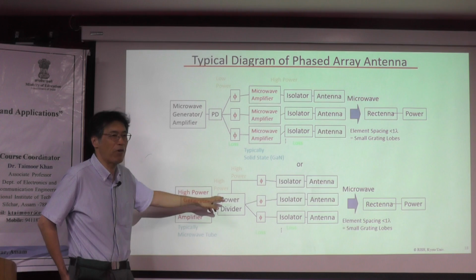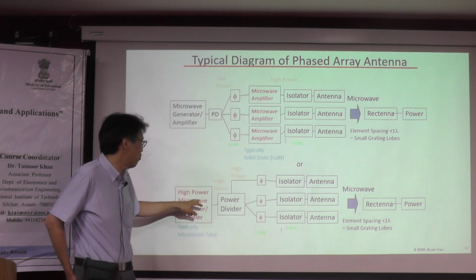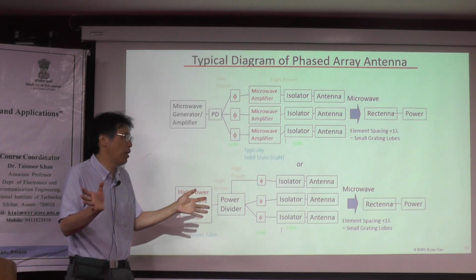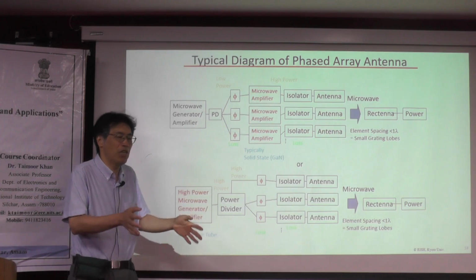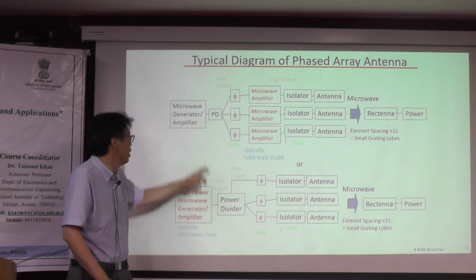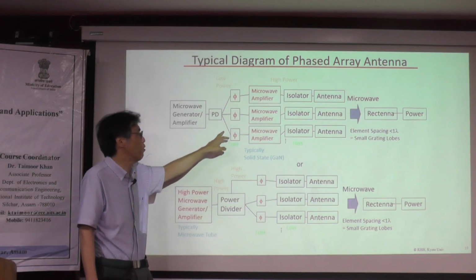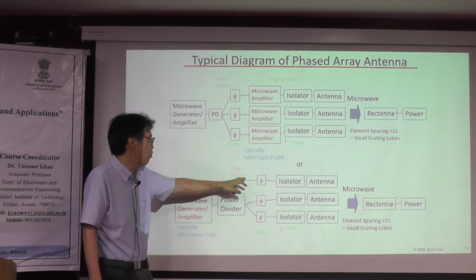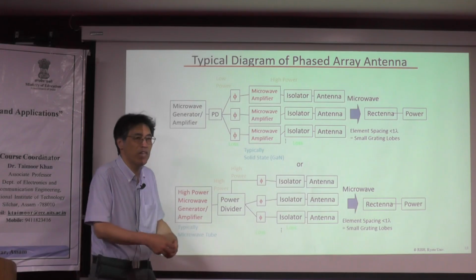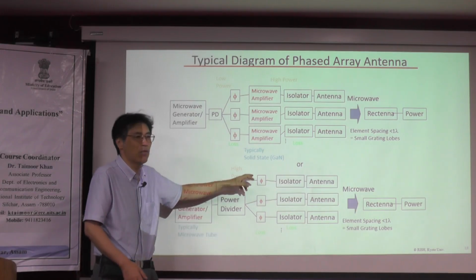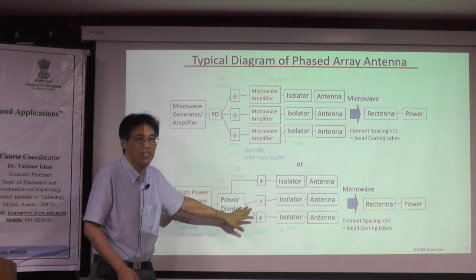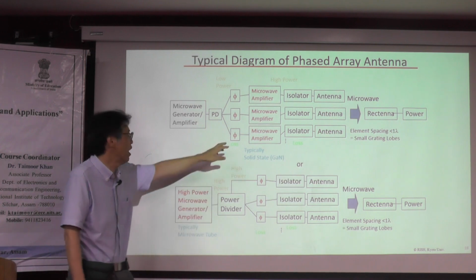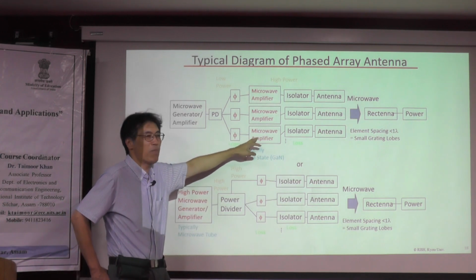Because even if we divide the generated power from, for example, 1 kilowatt to 1,000 antenna elements, each power is still 1 watt. So in the typical case, the phase shifter controls only 1 milliwatt in this example. But in this case, the phase shifter must treat over 1 watt of power, and the loss is very high.